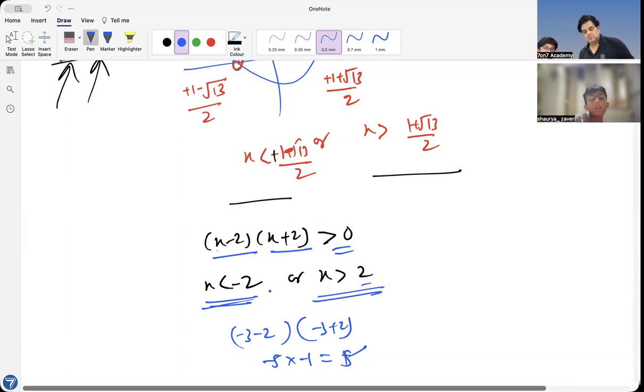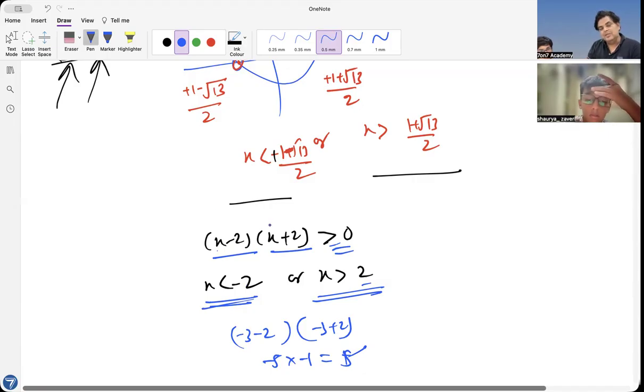But if you take x as smaller than the smallest root or greater than the greatest root, x can basically be anything. You can take any x value in this range, and the product is always positive. Means this. If you take, suppose, minus 4 here, minus 4 minus 2 is minus 6, and minus 4 plus 2 is minus 2, so minus 6 times minus 2 is what?